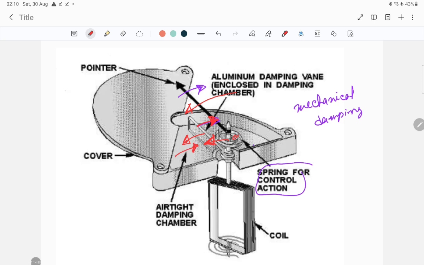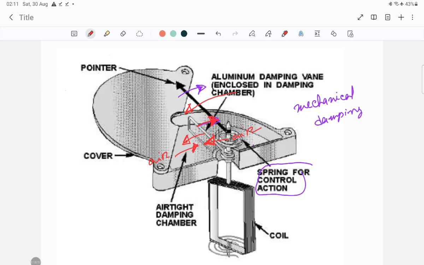So this is the air pressure, and this is also the air pressure. Every time, the air pressure will oppose the direction in which the vane is moving. This will ultimately provide the mechanical damping.